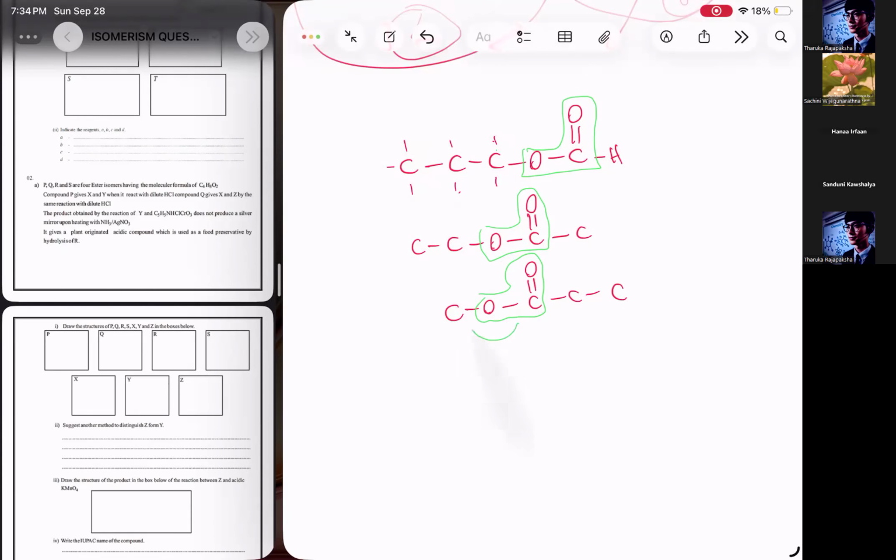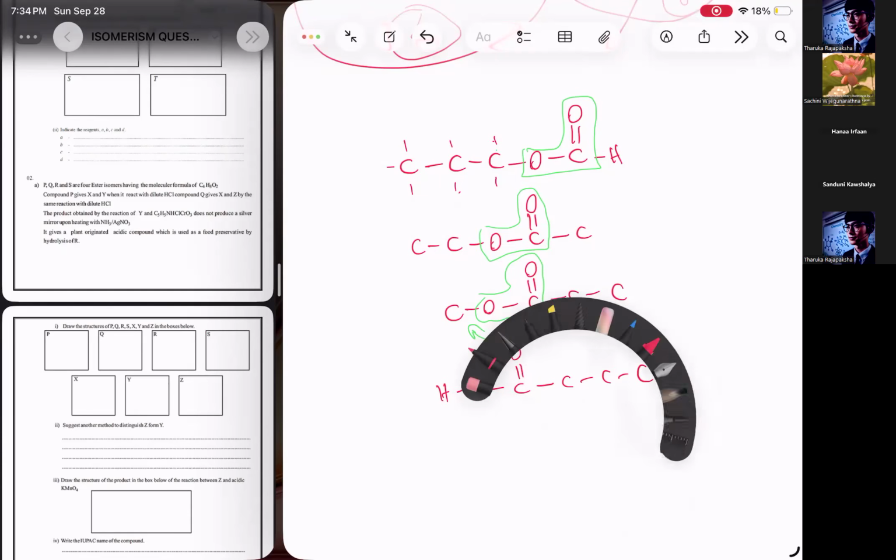If I move it to this side, you get a structure like this. This is a carboxylic acid. This is wrong. You can't draw this as an ester. That's not possible.